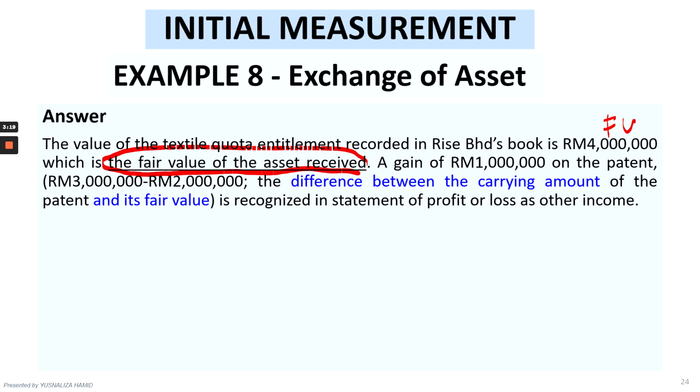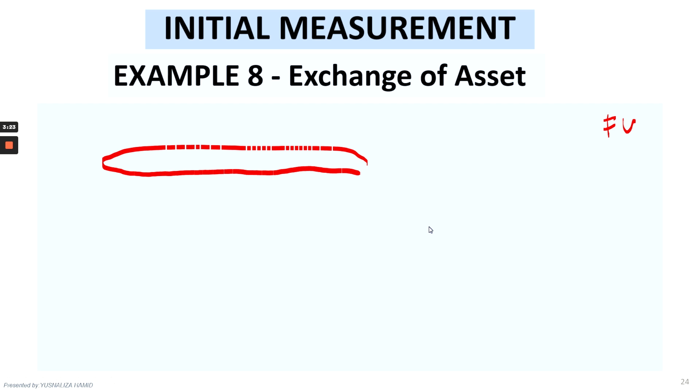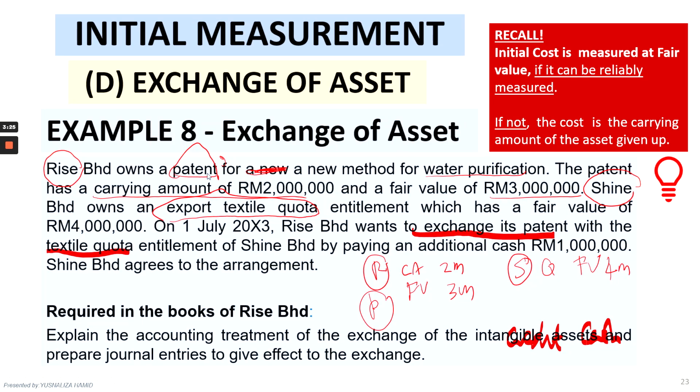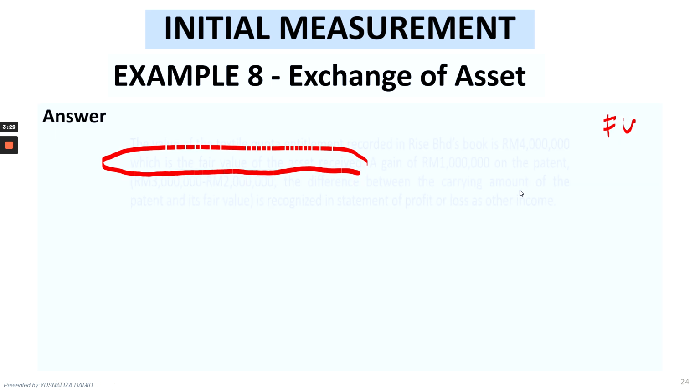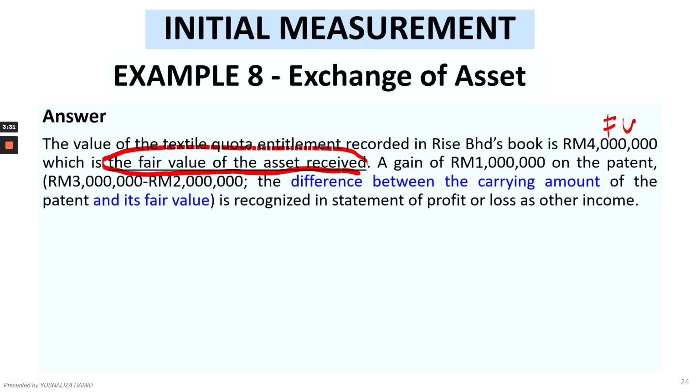And the fair value of the asset given up, the patent, is 3 million. And the carrying value of the asset given up is 2 million, and the difference of 1 million is going to be recognized in the statement of profit or loss.